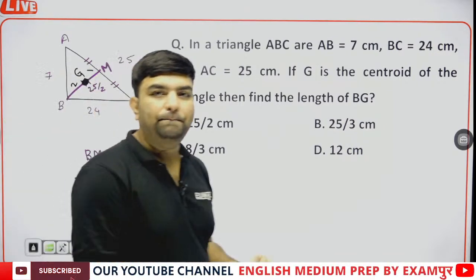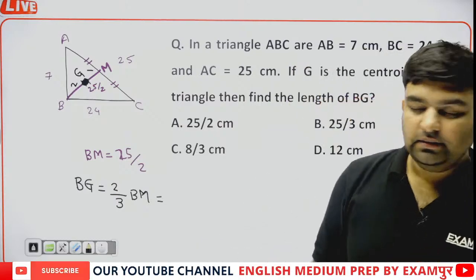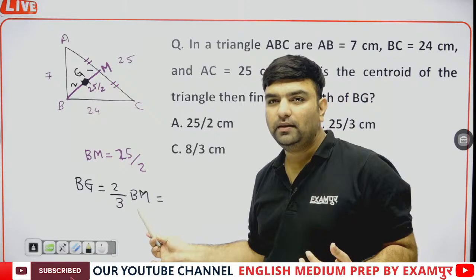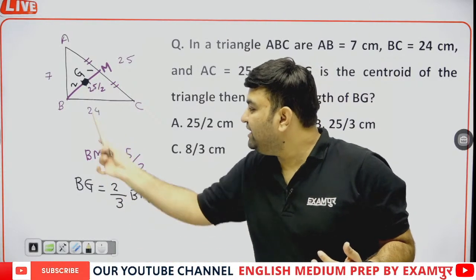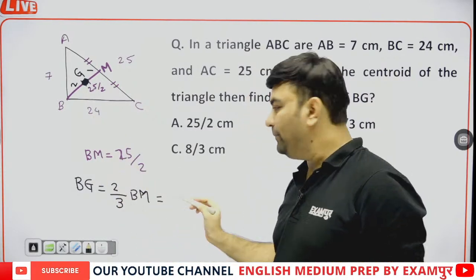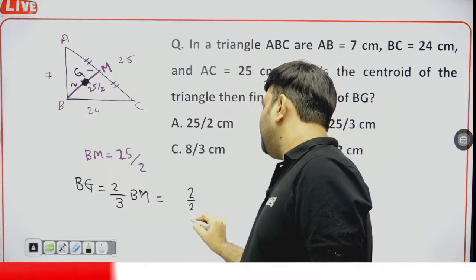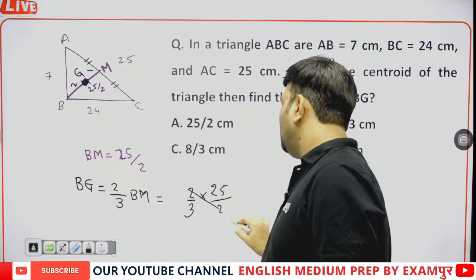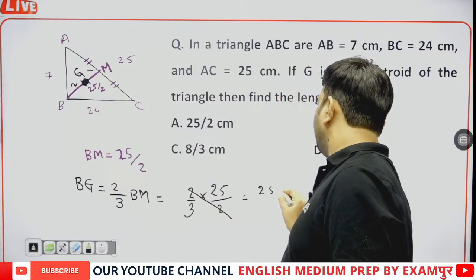The portion BG is 2 by 3 of BM. 25 by 3 is the correct answer.